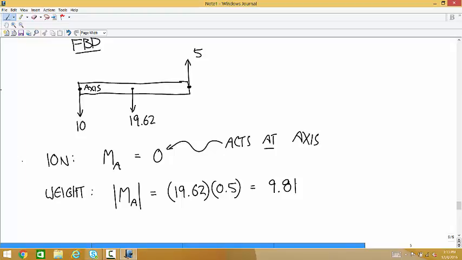We're doing the weight right now. Okay. So we're ignoring these other two and just thinking about the weight. If you applied a force like this, it would make the beam rotate around like that, clockwise, so the moment's negative. So MA is equal to negative 9.81.